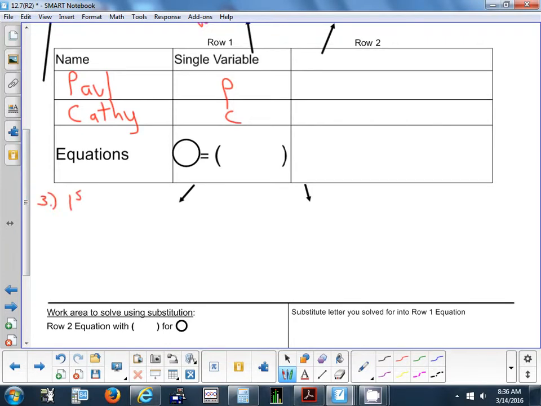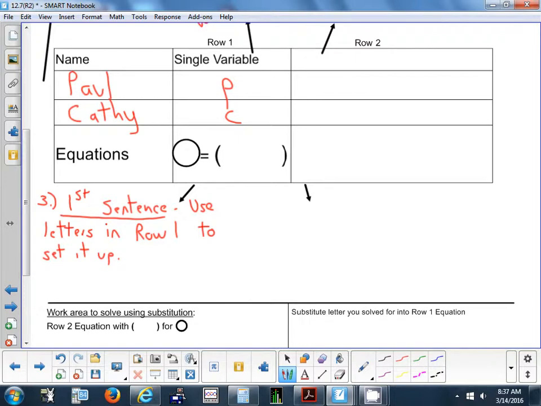This is going to be your first sentence. The first sentence in the problem, that's how you're going to set up this equation. Any information that we get to set up this equation is going to come from the first sentence in the problem.